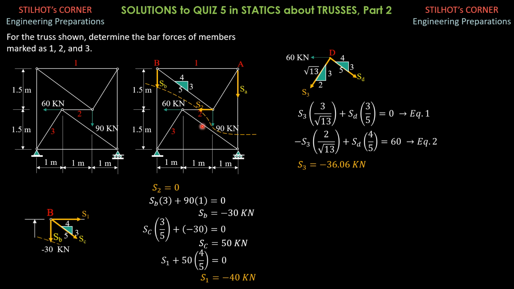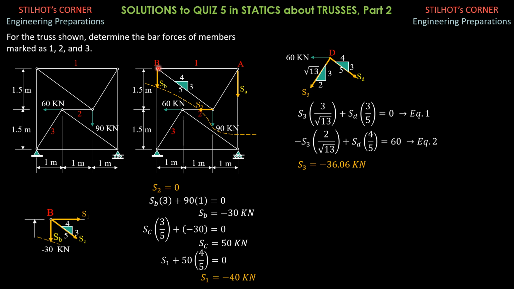So we have this equation: S sub B, counterclockwise positive, times 3 meters. S2 is 0, so don't mind. Then plus 90, also counterclockwise about A, times 1 equals 0. So SB is negative 30 kilonewtons.